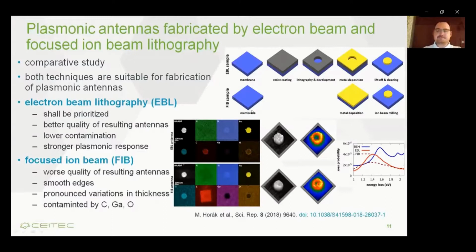Whereas in the case of FIB, you simply deposit metal on your membrane and do the ion beam milling. So it means for small series of antennas, the FIB preparation is much faster, and if you optimize it, the quality of resulting antennas might be satisfying for you.